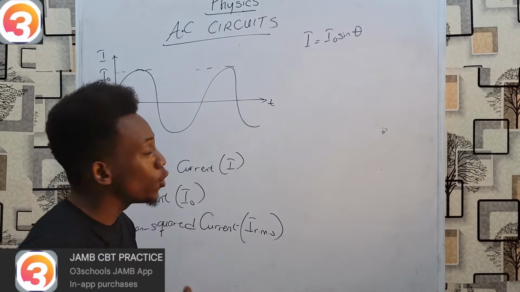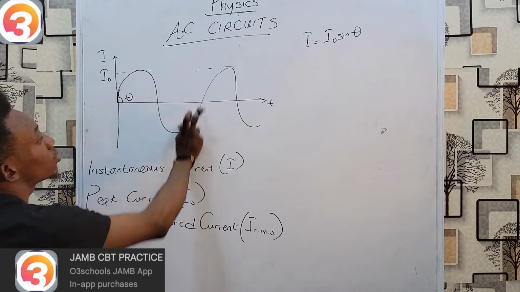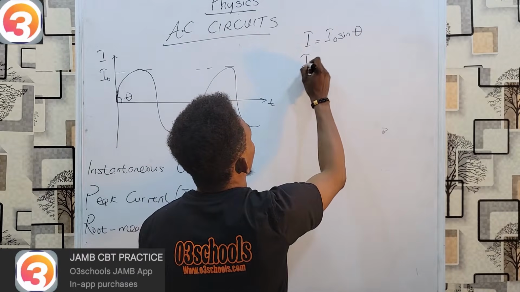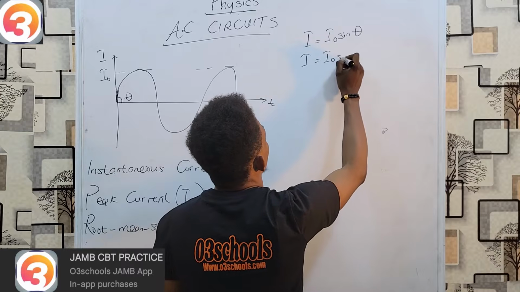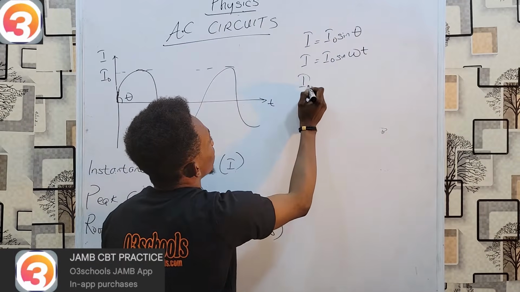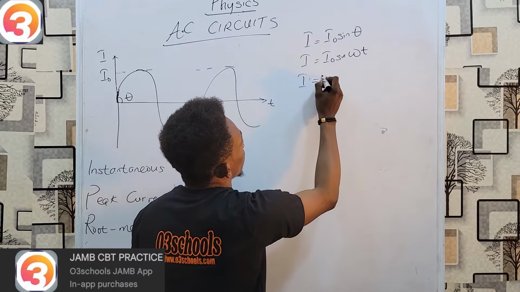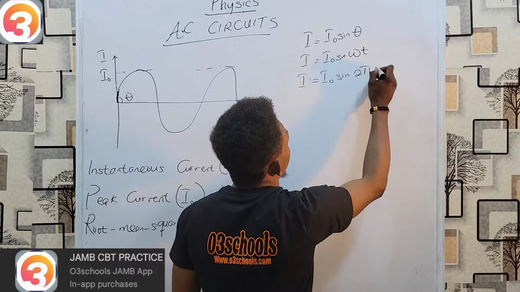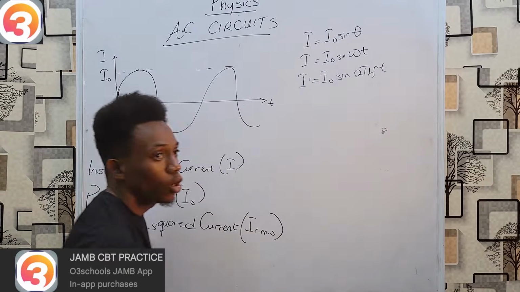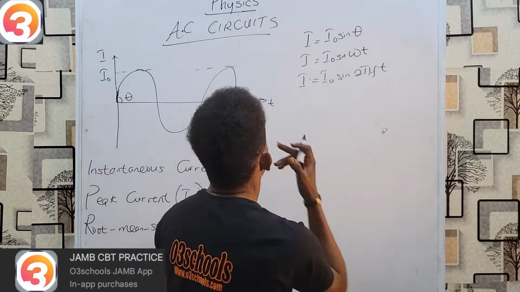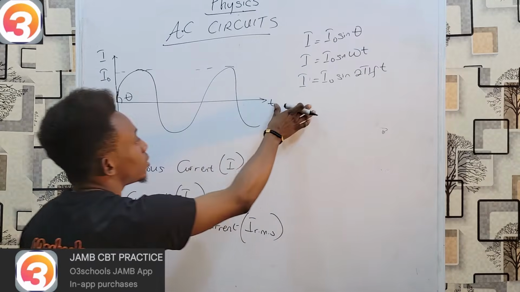And if you recall, since this is kind of like a simple harmonic motion, you should know that I equals I naught sine omega t, where omega is the angular velocity, and that this would therefore be I naught sine 2 pi f t, where f is the frequency of this motion. So that is that.